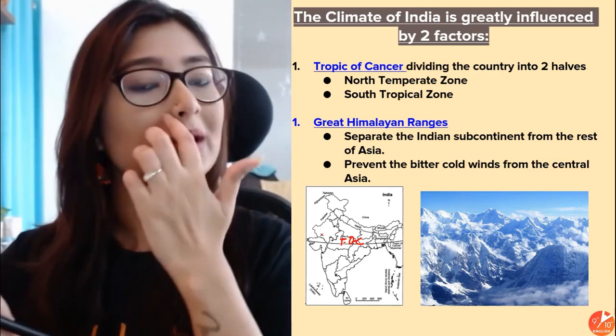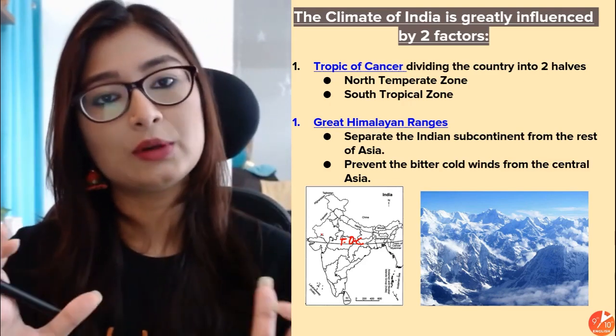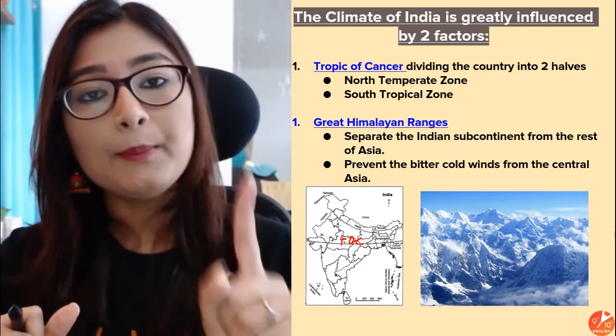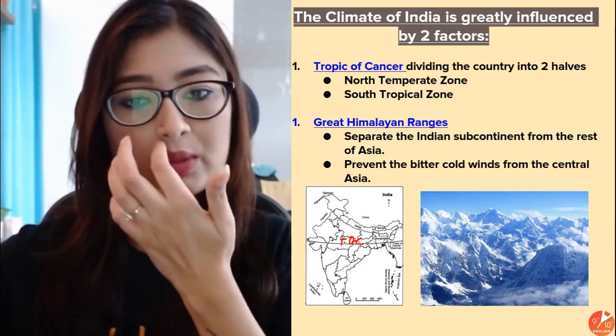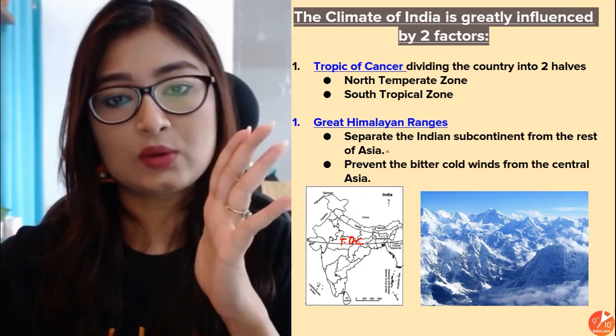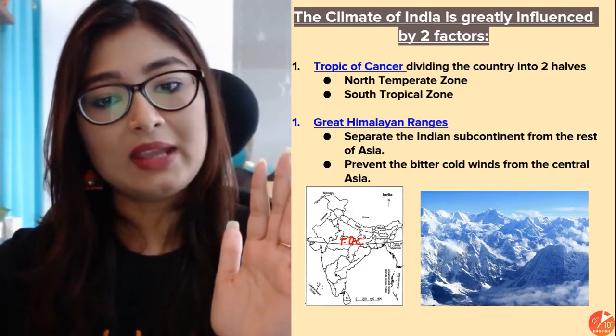If I talk about the Himalayas, they have a great effect on the climate of our country. Why? Number one, Central Asia. If you imagine that this goes above in the world map, this part would be Central Asia, and here we have the Himalayas.